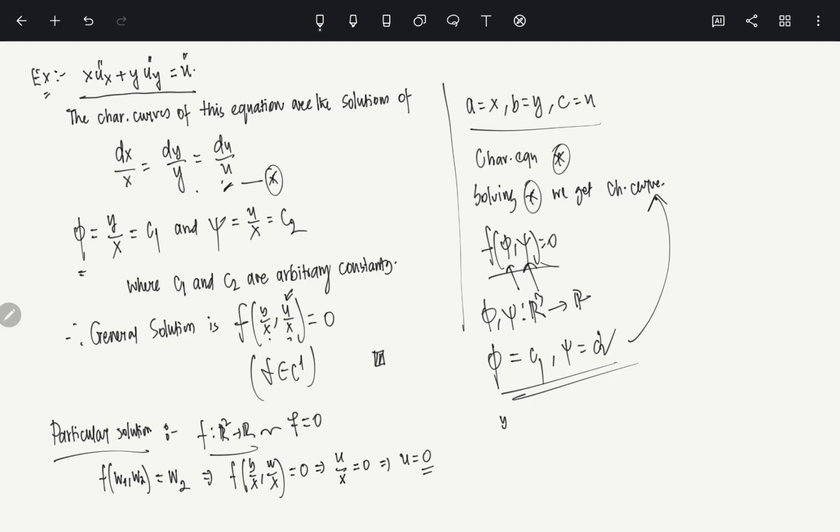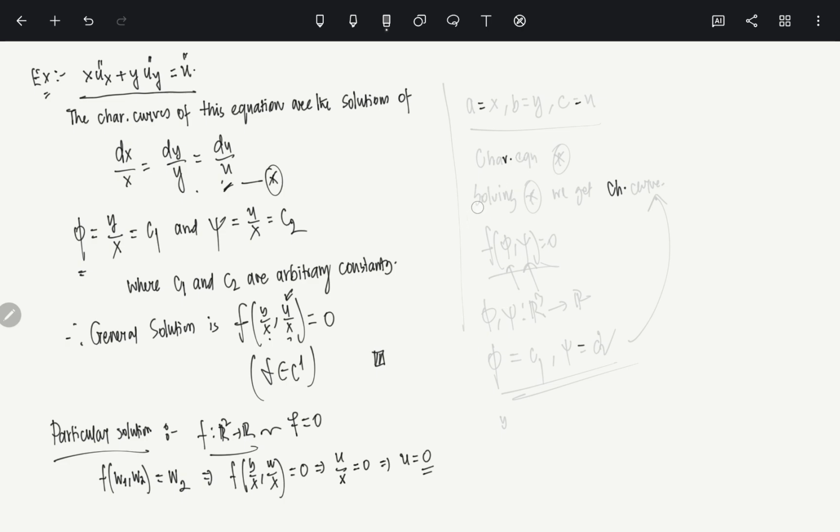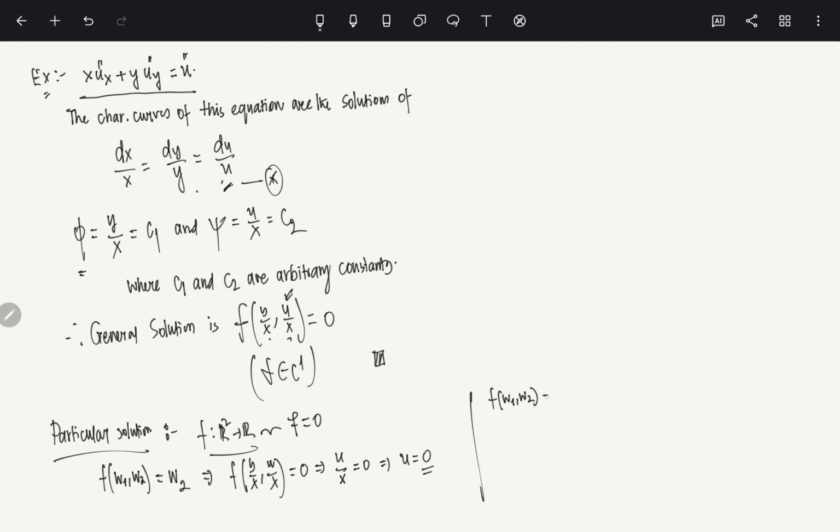Okay, you can also find other solutions out of it. Let me give you another solution which is a nice solution, and let's see if that is a solution or not. Let's say f of W1, W2 is, let's write down a simple one, maybe W1 plus W2. It's a very arbitrary but smooth function, right?